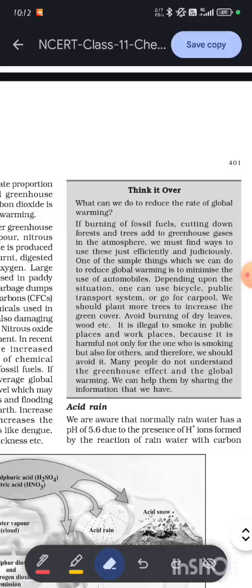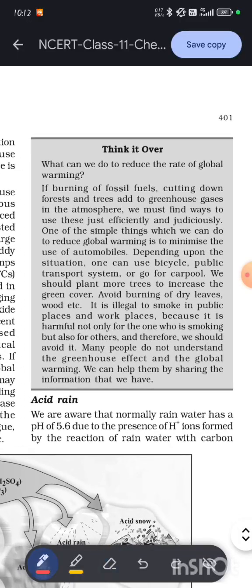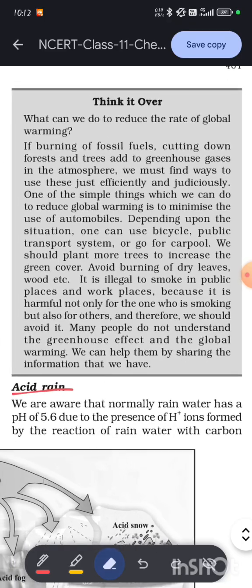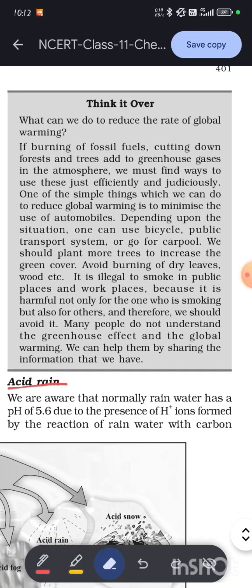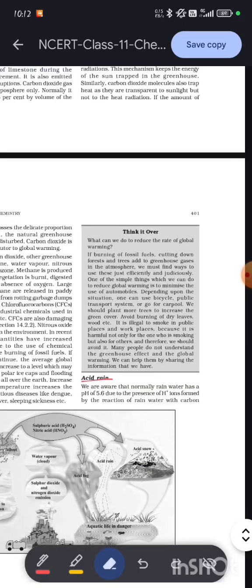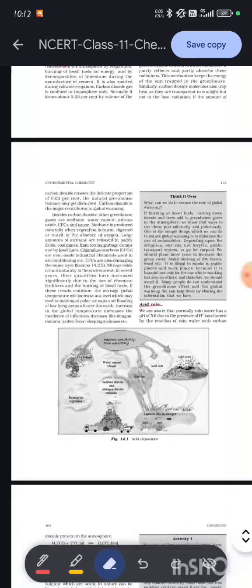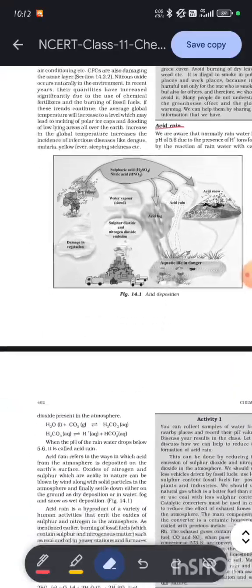Then our next topic is acid rain. We are aware that normally rainwater has a pH of 5.6 due to the presence of H plus ions formed by the reaction of rainwater with carbon dioxide present in the atmosphere.